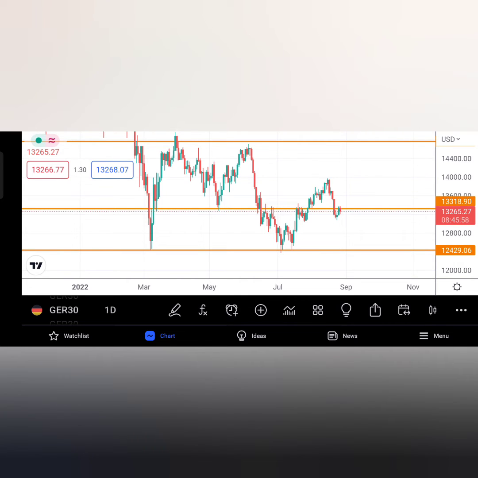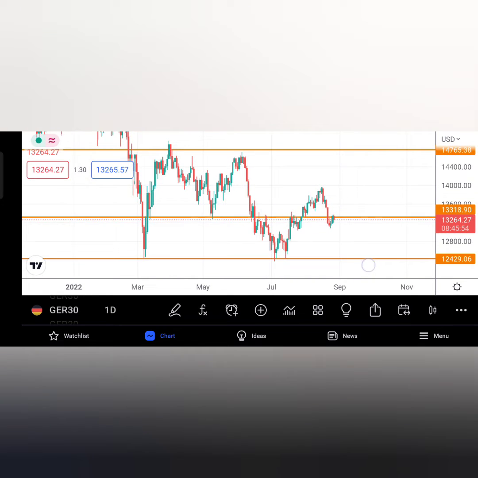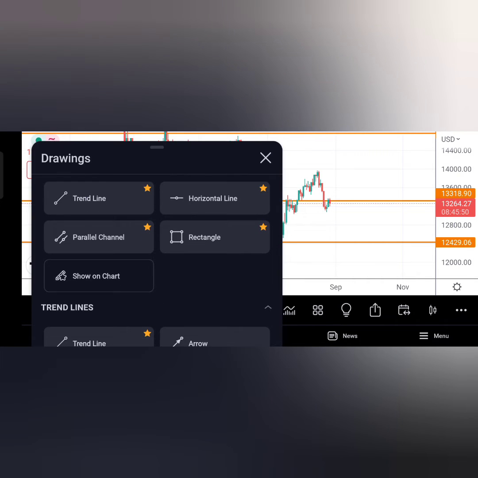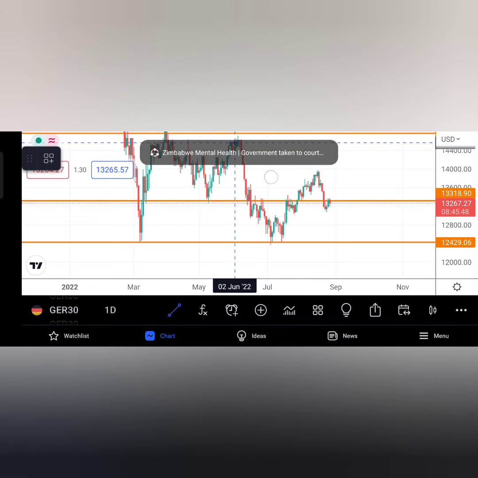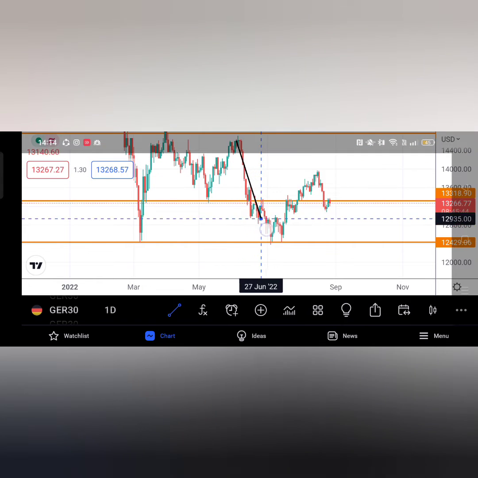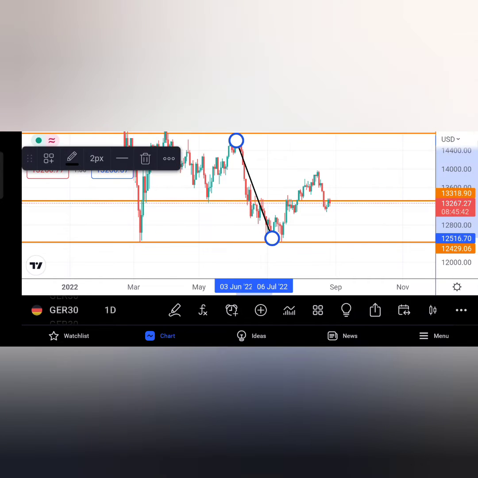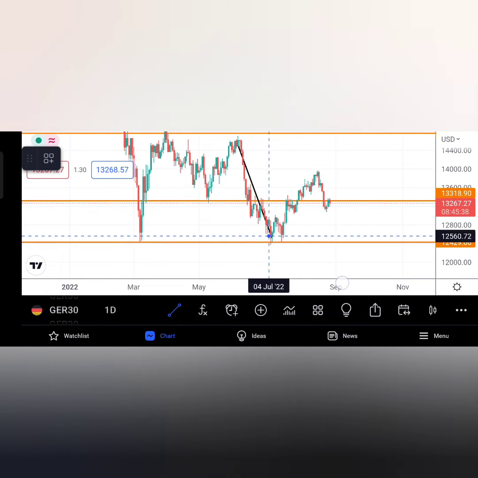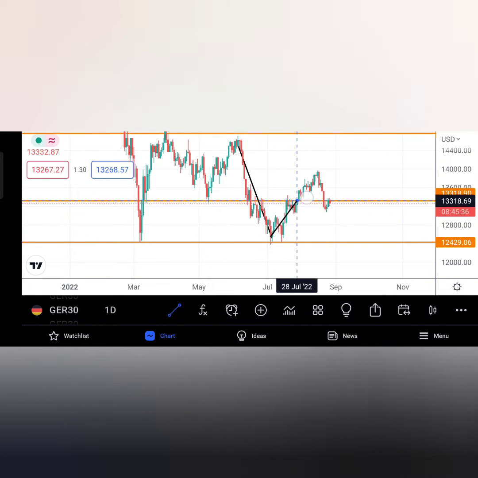So what we do here on the daily time frame is check. We had this impulse move right here. We had this impulse right here. And then we had this correction move right here.